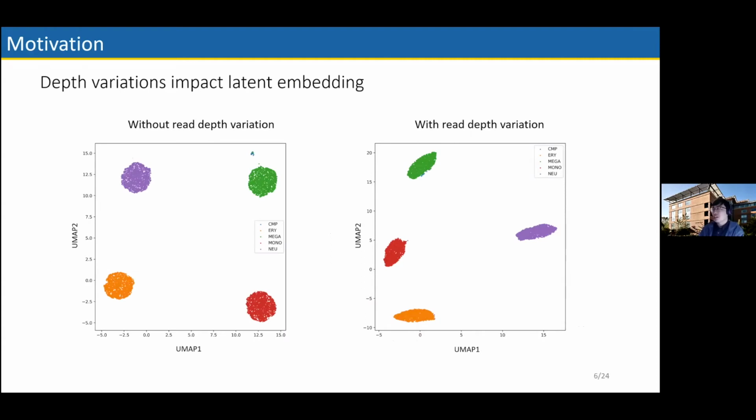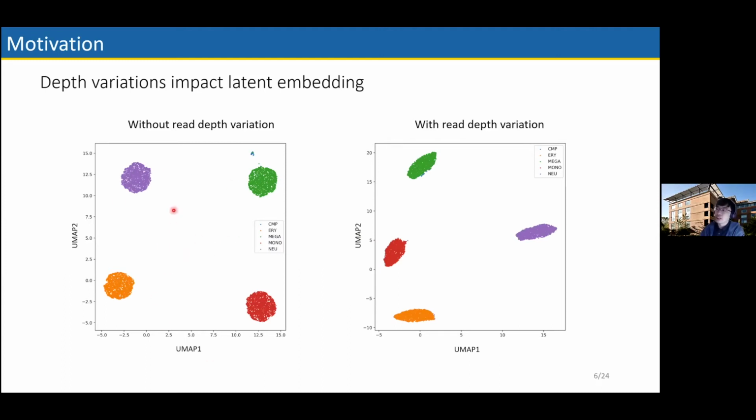Here I'll show two simple examples of how these technical variations may affect dimensional reduction. First, these are UMAP visualizations of embeddings generated by a simple linear method called LSI on two simulated datasets.